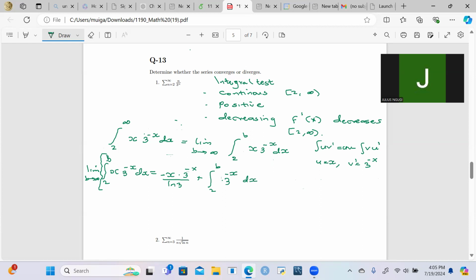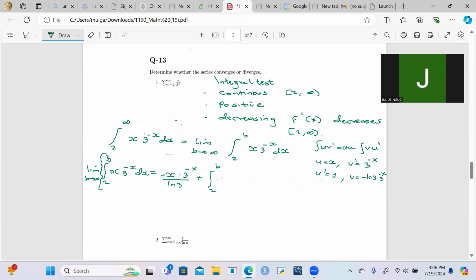So that's another mistake, so let me put it in a nice way. Let me write here: u prime equals 1, and v prime equals 3 to the power of minus x. So v is minus ln of 3 multiplied by 3 to the power of minus x.